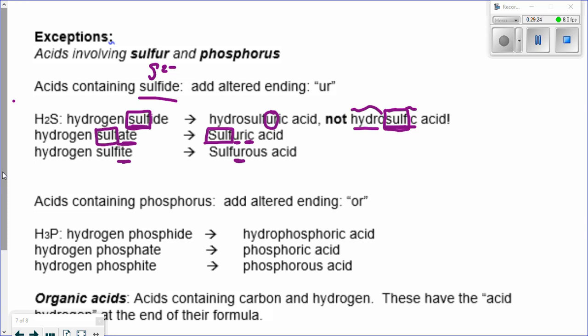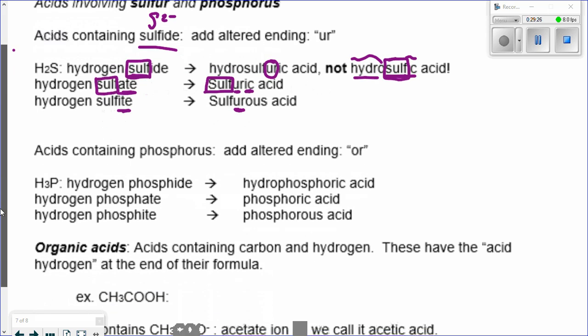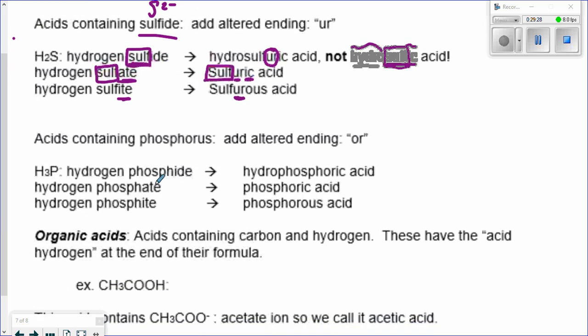Same sort of idea with phosphorus. So hydrogen phosphide. Again, the part that would carry over is this part, but you see that we add OR back in.